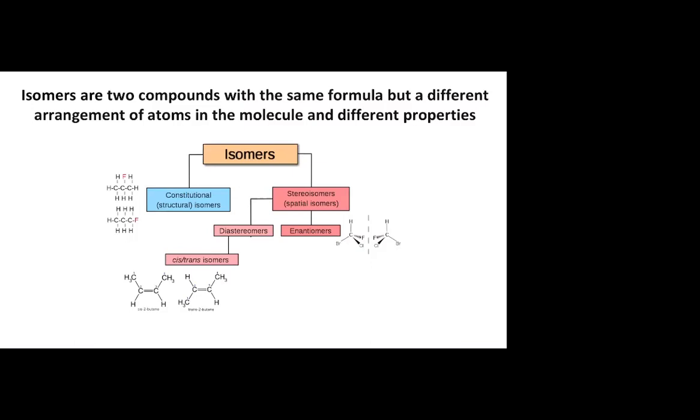Again, this is just a limited view. Isomers is a complex subject in organic chemistry. If you're taking organic chemistry for a whole semester or the whole year, understand that you spend at least a month understanding isomers precisely, just because of the complexity of the subject. But here, I'm just giving you an introduction of what isomers are and the different types of isomers that we have out there.